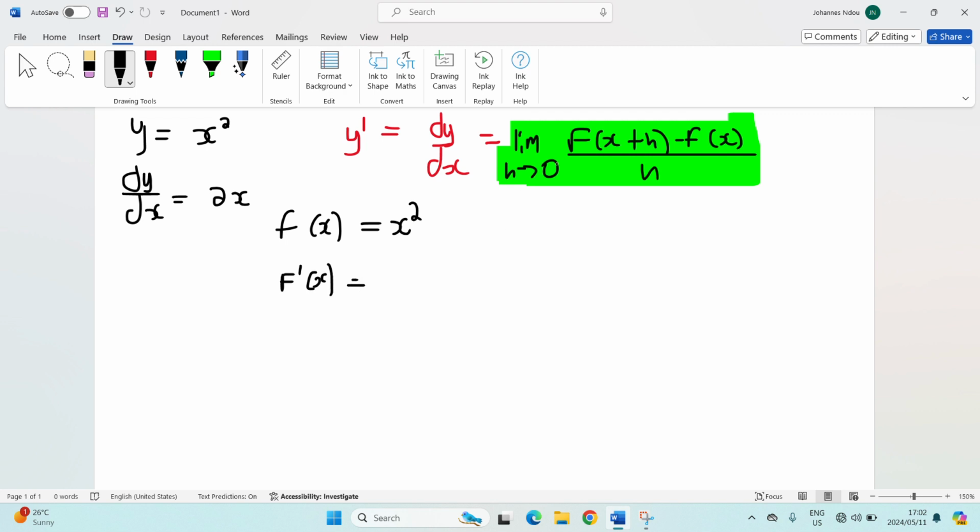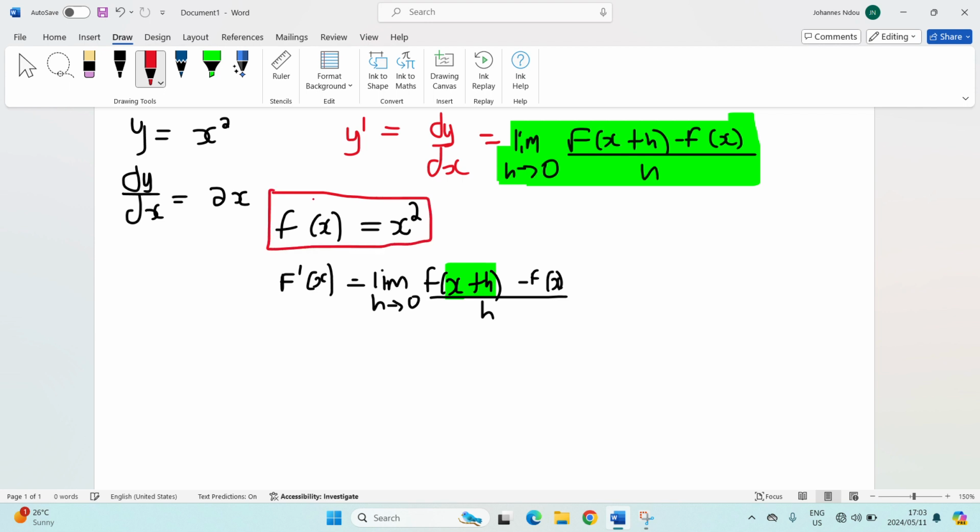X prime will be equal to, rewrite the formula as the limit as h approaches 0 of f of x plus h minus f of x divided by h. Now, when we mean f of x plus h, it means we're going to replace x with x plus h. Now, here's our function, f of x. So if f of x is equal to x squared, then f of x plus h is equal to x plus h squared.